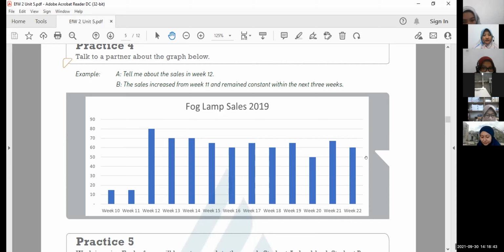But how about the sales in week 20? Based on the graph, the sales increased from week 20 to week 21, but it dropped again.